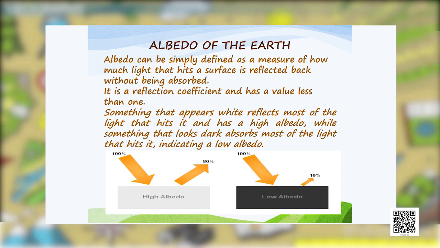Albedo is an important property of a surface because it measures how much incident solar energy will be absorbed. A surface with a high albedo, such as snow or ice, like 0.45 to 0.95, reflects most of the solar radiation and absorbs only a smaller amount.